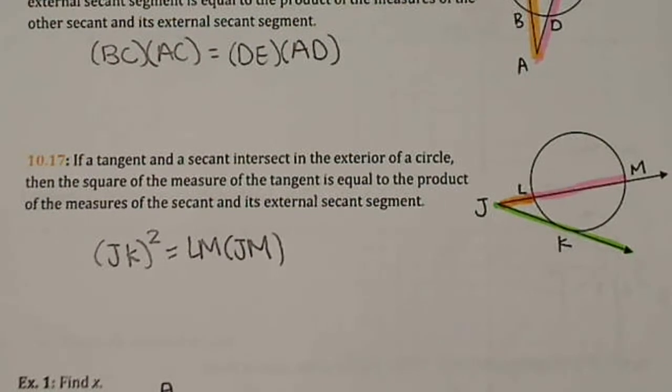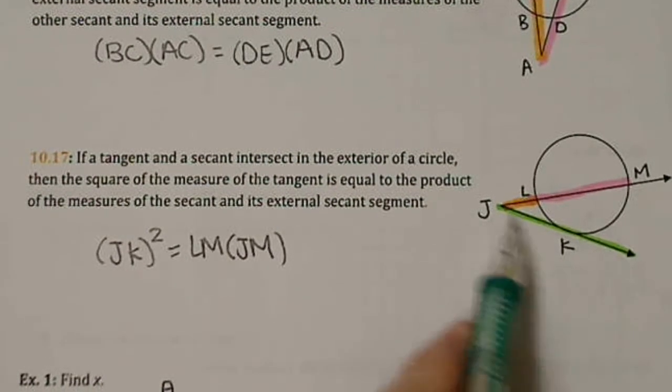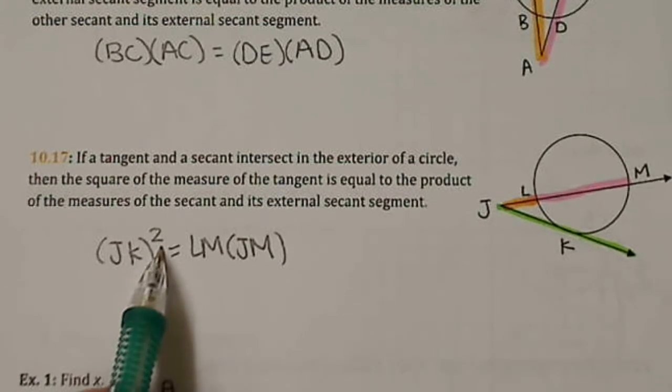So kind of similar to our last couple, except instead of doing JK times the other half, since it's a tangent, it's JK times JK, which is where they come up with JK squared.